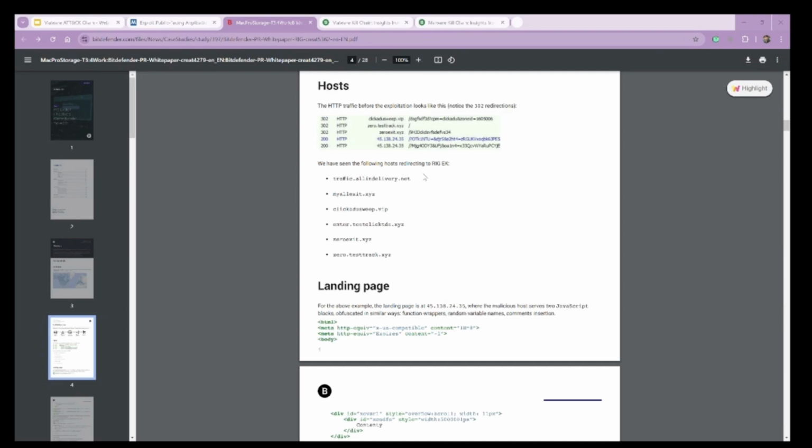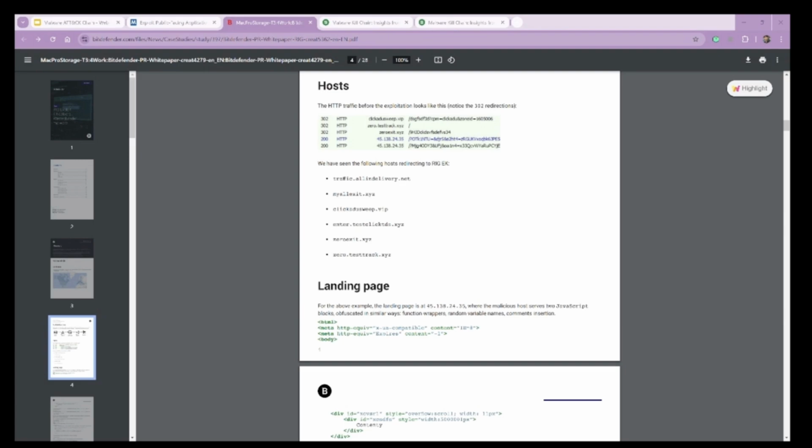So let's say you visit with Chrome. What may happen is, one of these intermediary pages will check which browser you are visiting from. If it is Google Chrome, it will not show you this landing page. It will show you some other normal website, like google.com or something. But if it is unpatched Internet Explorer, then it will show you the landing page. So it is more targeted towards your targets.